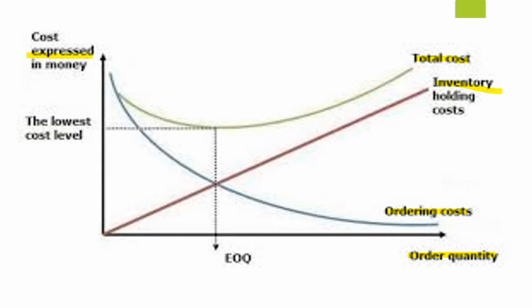So where is the economic order quantity and how can we identify it? The economic order quantity will be identified on the minimum point on the total cost curve. So on this point we can identify the economic order quantity on the ordering quantity horizontal line.